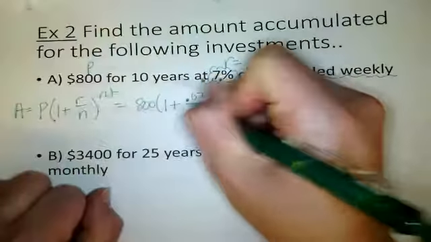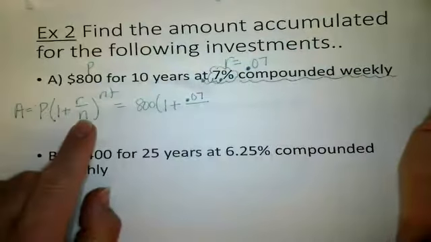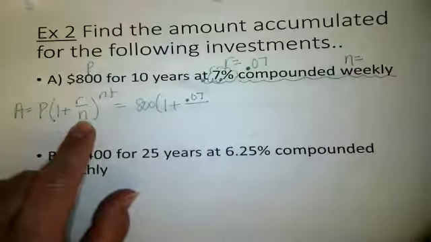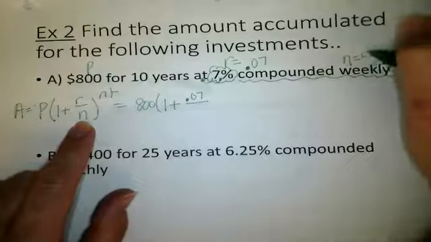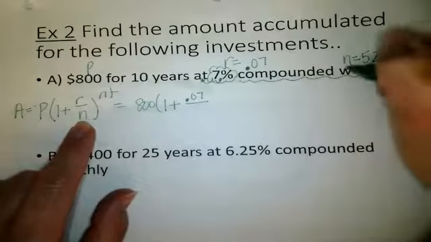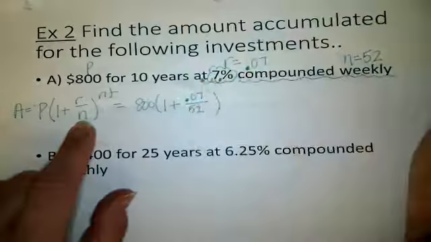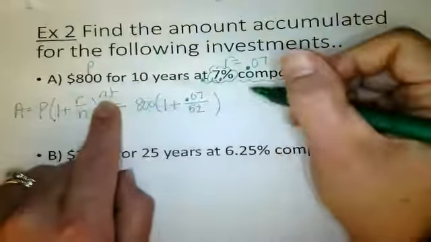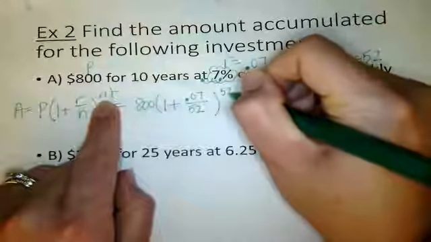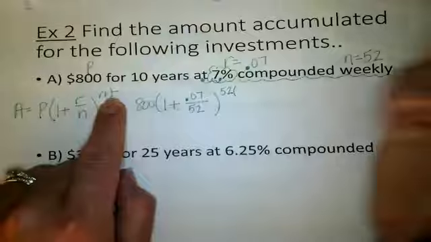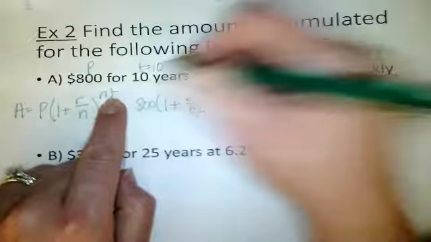So 0.07 over N. If we're compounding weekly, how many times per year is that? 52. So N weekly, N is 52. So we're going to divide by 52. And then to the, again, we have the same N, that's 52, times T. What's T? 10. T is 10.